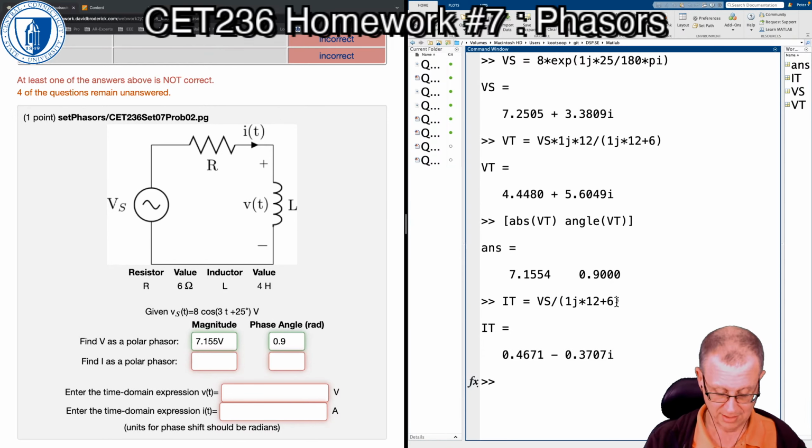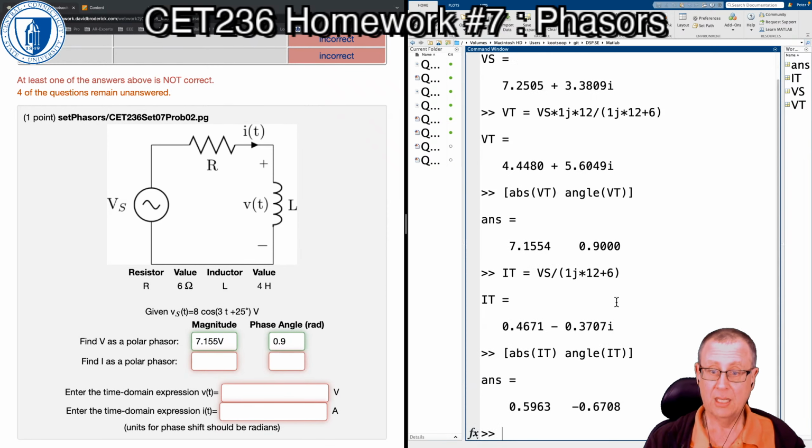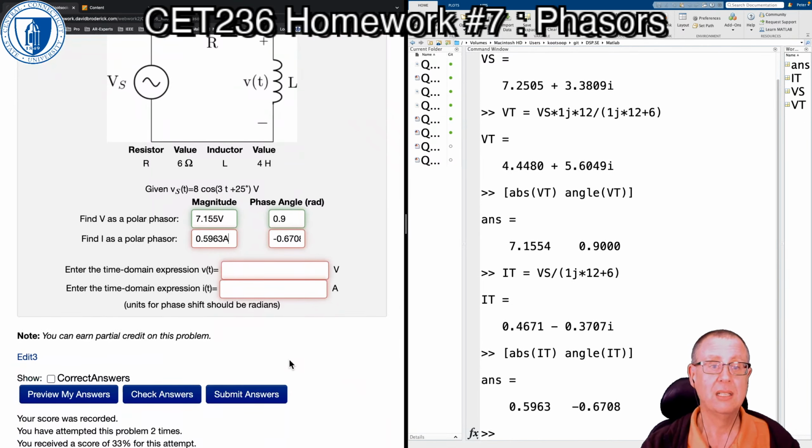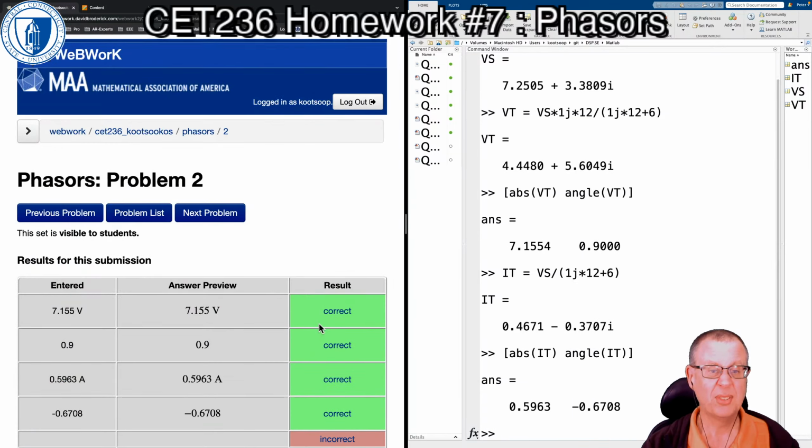There's my IT, and again it wants it in polar form, so we want the absolute value of IT and the angle of IT, and let's see what that is. So that's 0.5963 and minus 0.6708 to 4 significant figures. The units are amps. Let's see if that works.